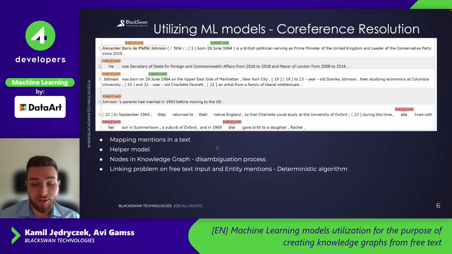Generally speaking, this is just the disambiguation process. And here I would like to add that this was just a deterministic algorithm. This wasn't a machine learning algorithm. We know that neural models for coreference resolution exist, but we decided to go with the deterministic one.